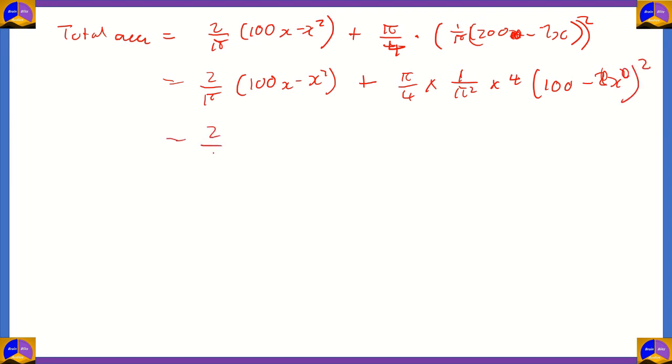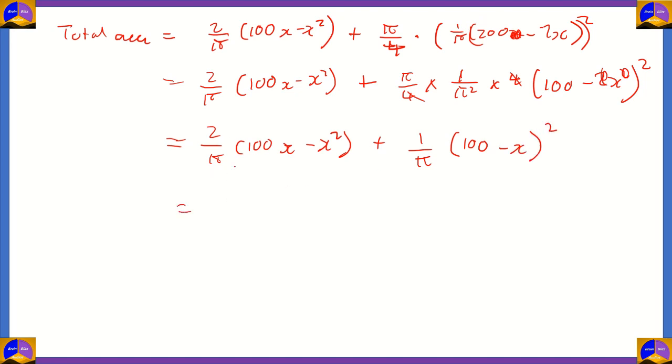Now one of the pi's in the denominator gets cancelled with the numerator, and both 4's get cancelled. So now we have 1 by pi into 100 minus x the whole squared.